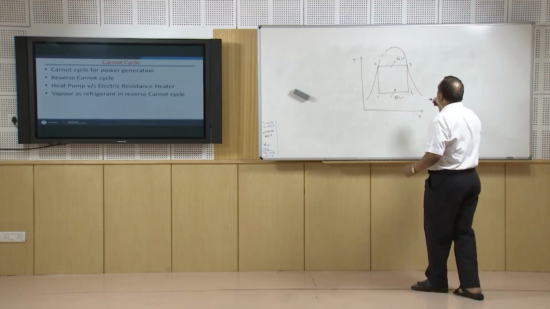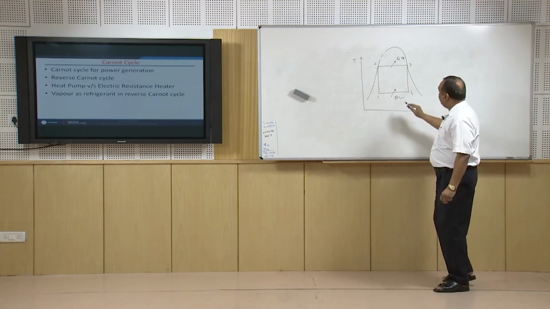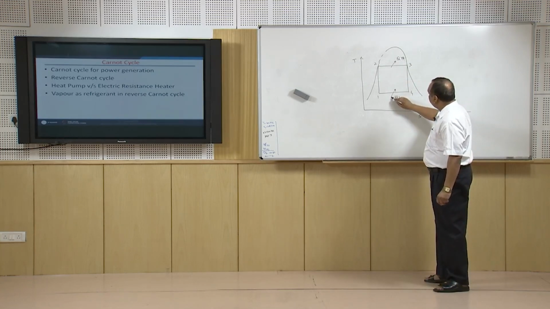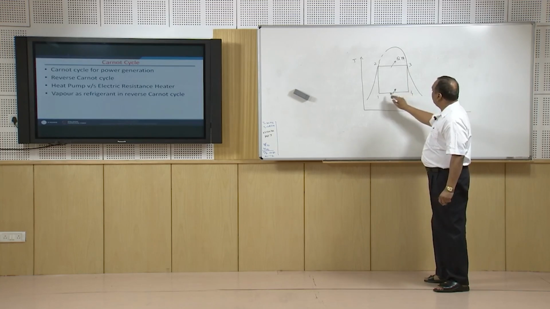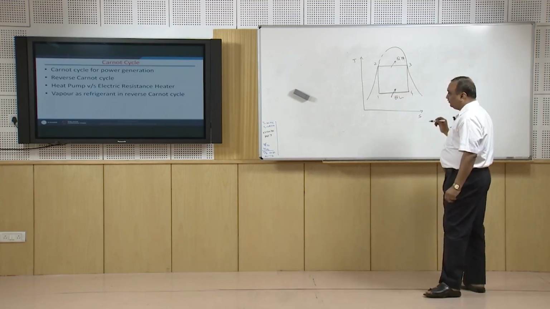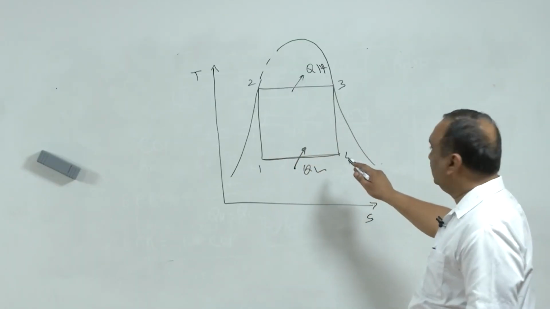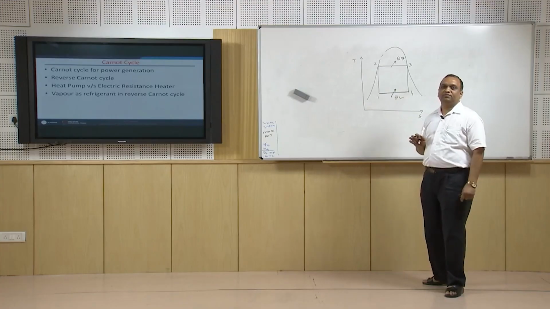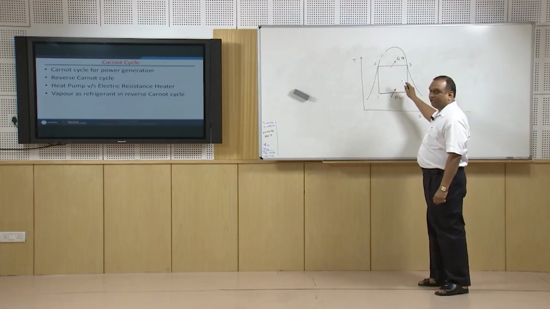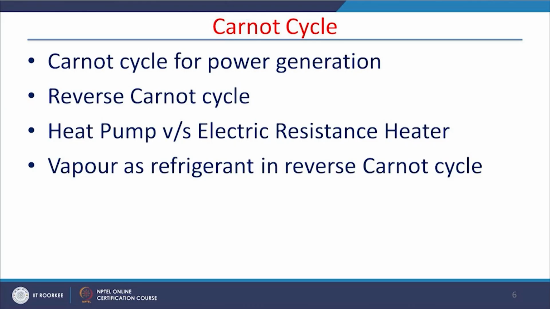So if heat rejection takes place during condensation of the vapor and heat transfer to the fluid takes place during the boiling of the vapor, we come close to the practicality of this cycle. So if we use vapor in place of gases in the cycle, it becomes easier for addition and rejection of heat. So the reverse Carnot cycle is an imaginary cycle which can produce the refrigerating effect.